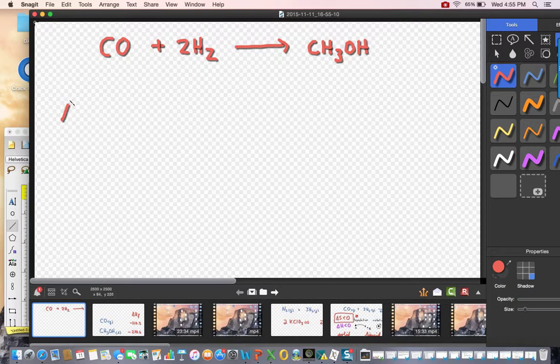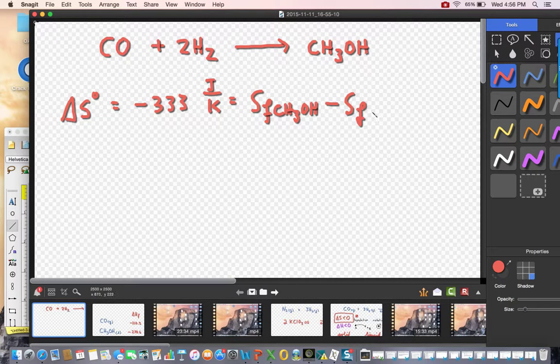The delta S of the reaction, which we just found out, is minus 333 joules per Kelvin, equal to the S of formation of CH3OH. We know that value, minus the S of formation of CO. We know that value.